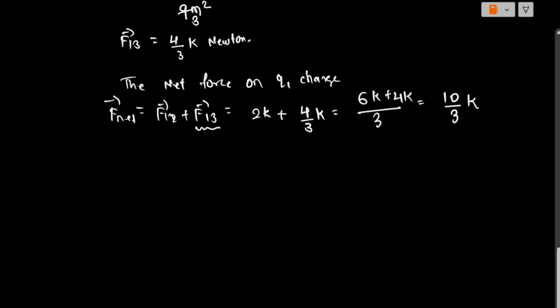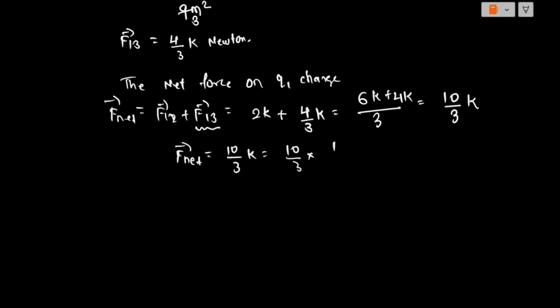Now we know that the value of k is 1 by 4 pi epsilon naught, and the numerical value of 1 by 4 pi epsilon naught is 9 into 10 to the power 9, right? And since this is a force, we write the SI unit Newton.